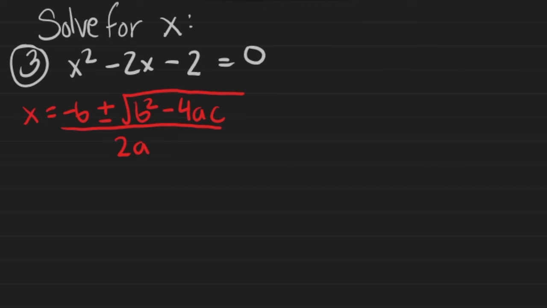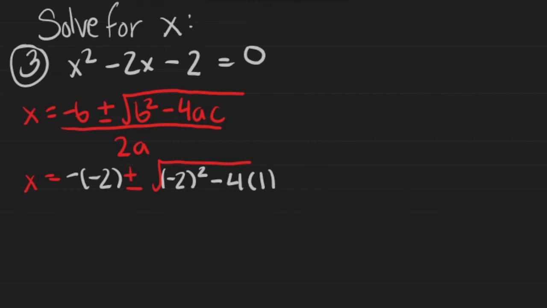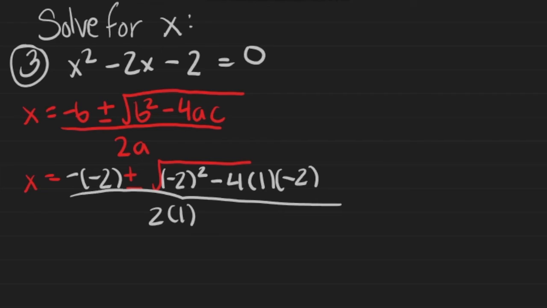So then you just plug in the numbers. x is equal to negative negative 2, plus or minus the square root of negative 2 squared minus 4, with 1 as your a term and negative 2 as your c term, all divided by 2a, which is just 1.